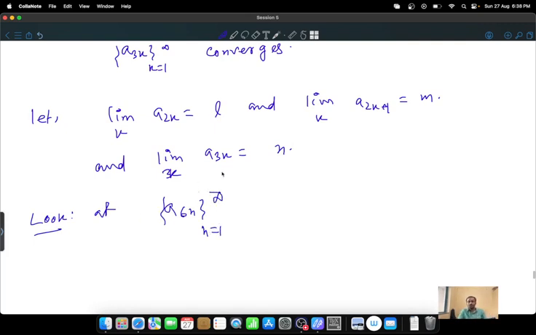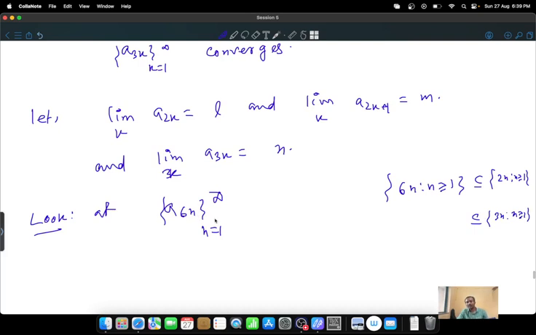This is a subsequence of both of the sequences a_{2k} and a_{3k}, because the set of 6n is a subset of 2n such that n greater or equal to 1, and also a subset of 3n.